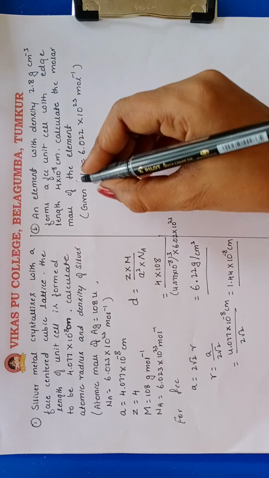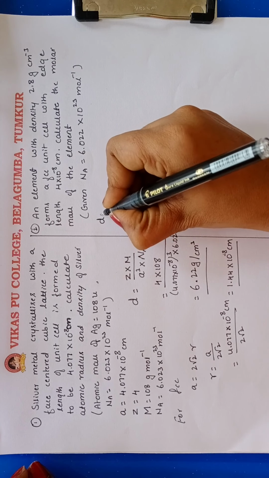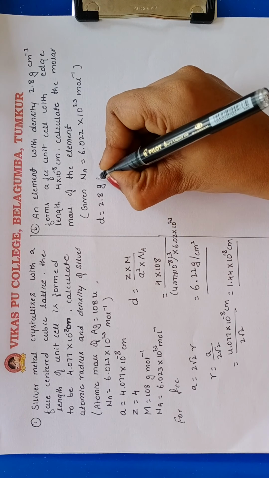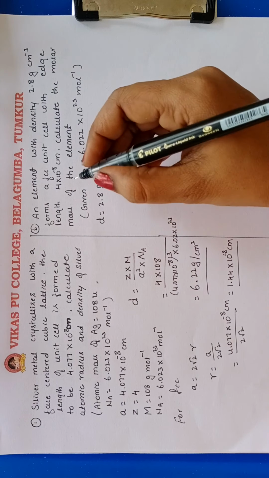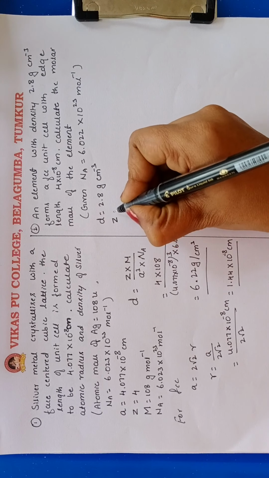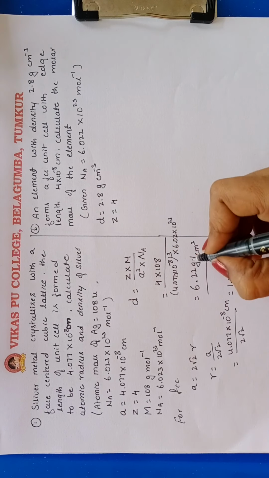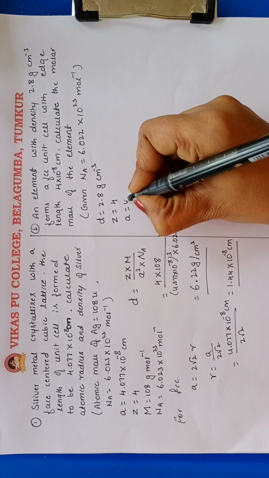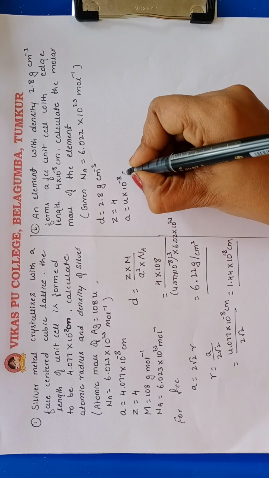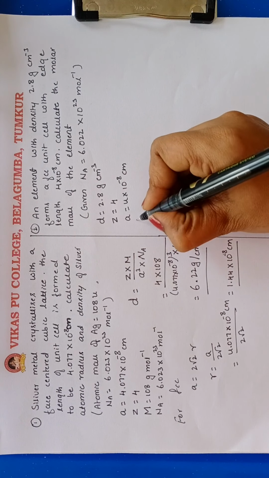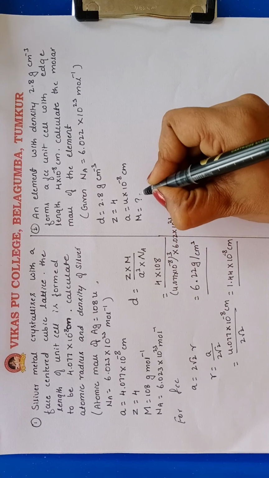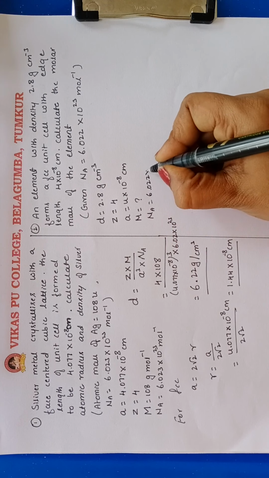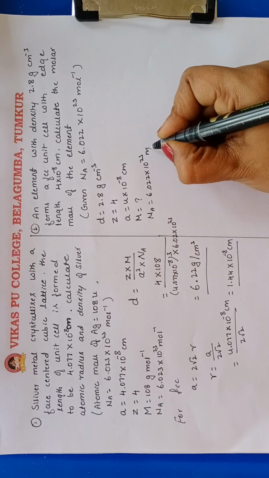Here the density is given as 2.8 g/cm³. The FCC unit means Z = 4. The edge length is A = 4 × 10^-8 cm. We should calculate the molar mass. Avogadro's number is given as 6.022 × 10^23 per mole.